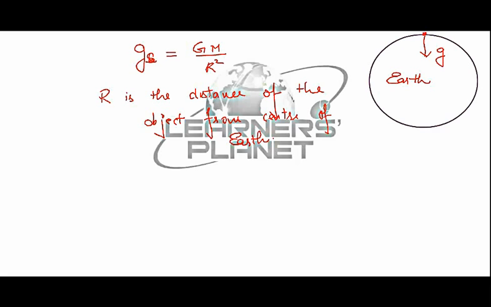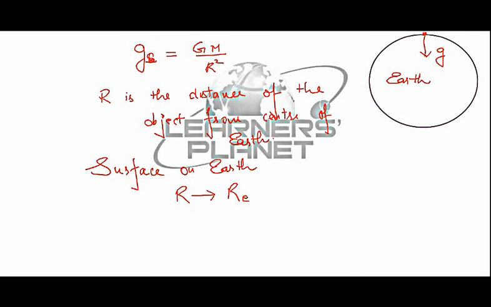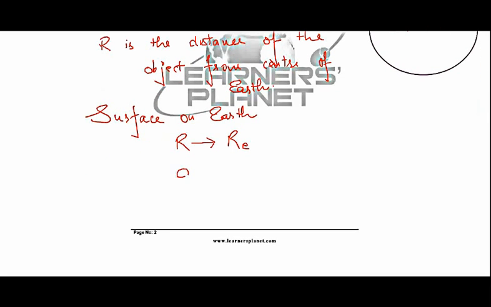Now basically when we talk about the surface of Earth, that is when we calculate the acceleration due to gravity on the surface of Earth, there is a specific condition that this r becomes the radius of Earth. So the acceleration due to gravity becomes GM by Re square. But the general formula for acceleration due to gravity is GM by r square.